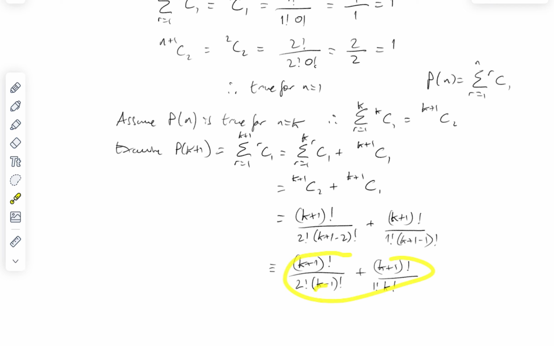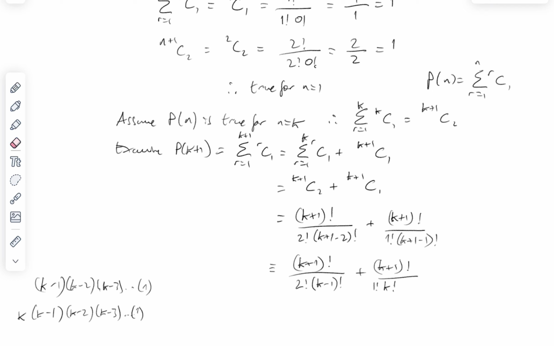To add these two fractions, I need a common denominator. So the common denominator will have a 2 factorial, so I need to multiply this by 2 numerator and denominator. And to make this a k factorial, this is k subtract 1 times k subtract 2 times k subtract 3 down to 1. And k factorial is k times k subtract 1, k subtract 2, k subtract 3 down to 1.